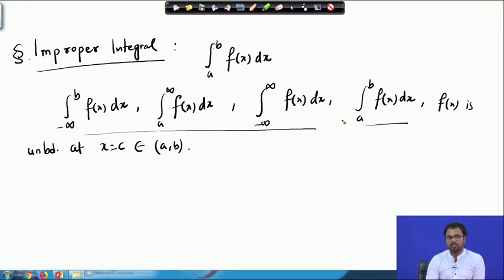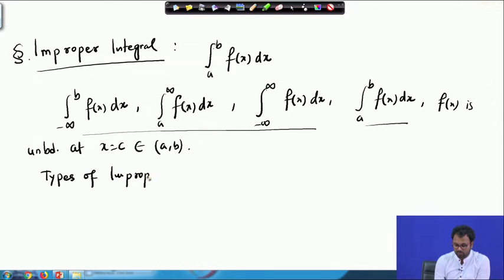If such things happen with an integral, then such integrals are called improper integrals, or integrals which are not behaving nicely. So we can put this in a small statement: types of improper integrals. When we say improper integral, what are their types, or what do we actually mean by them?